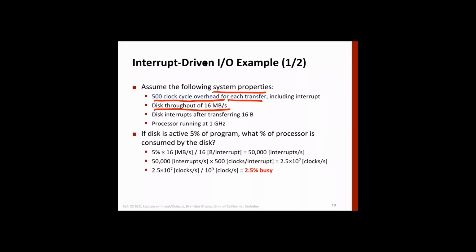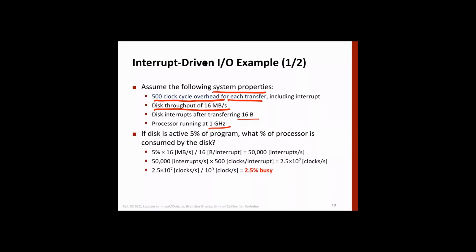This is the rate at a certain point in time, for a certain duration, let's assume. The disk interrupts after transferring 16 bytes. It means that whenever 16 bytes are in its buffer, it will interrupt the processor, and the processor is running at 1 gigahertz.